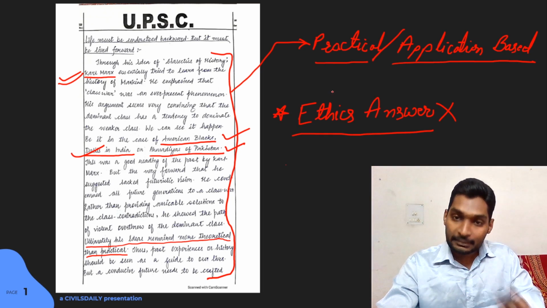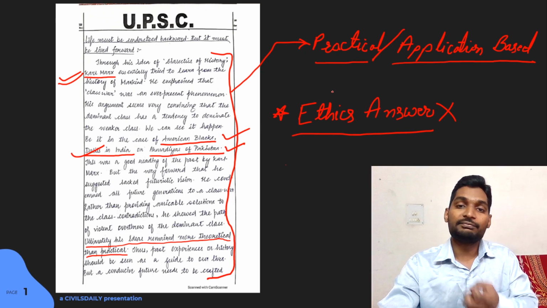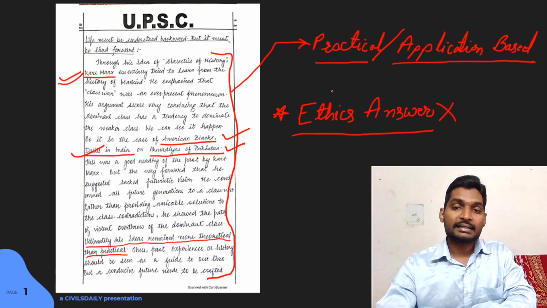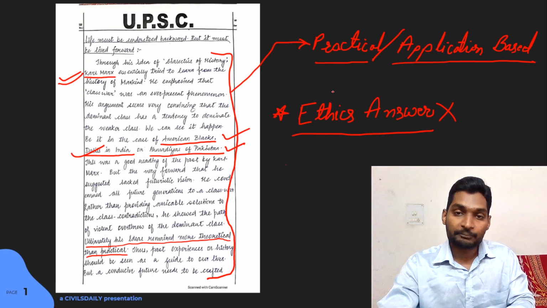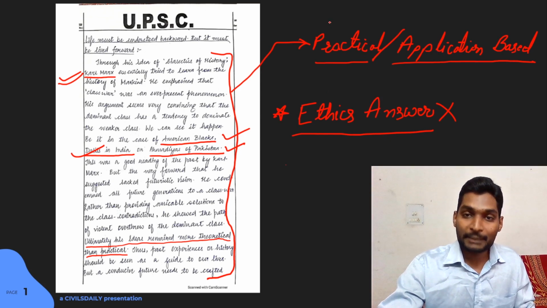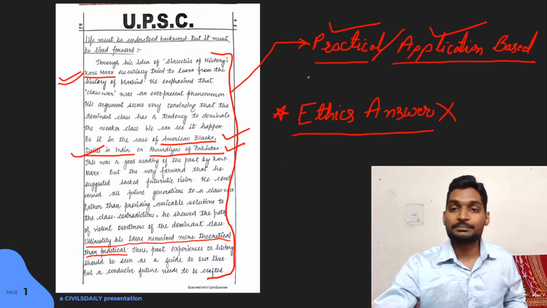Now you can mention these scholars and bring in a little philosophy that you study in the ethics paper, but that doesn't have to be overdone. In fact, what you need to do is keep your paper as practical and as application based as possible.